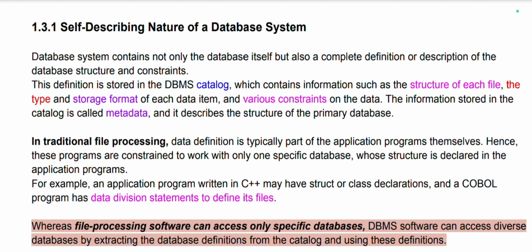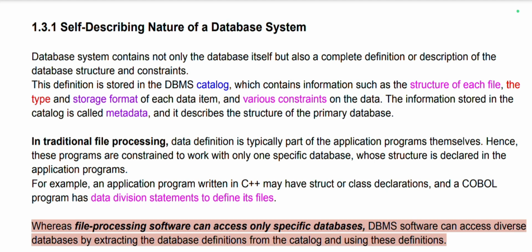The definition is stored in the DBMS catalog. The definition of the database that is stored in the DBMS catalog contains information such as the structure of the file, what is the structure of the file stored in the database, and the type, what is the type of the file, what is the extension of the file, like an image, what is the format of the image, whether it will be stored in JPG format, PNG format, or any other format.